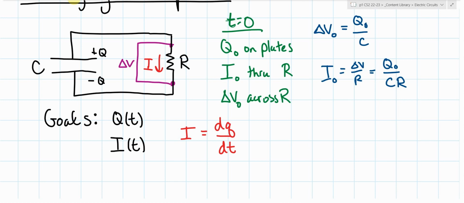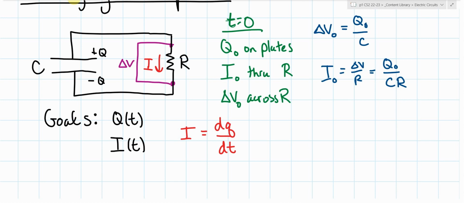We talked about this before, that usually you think of this conceptually as rate of flow instead of rate of change. But if you're talking about the charge on a plate, you can think of it as a rate of change.